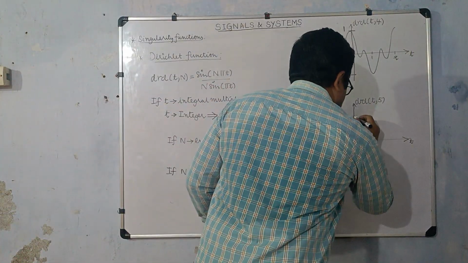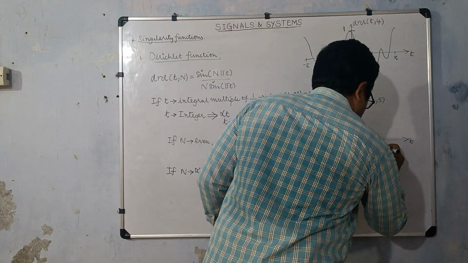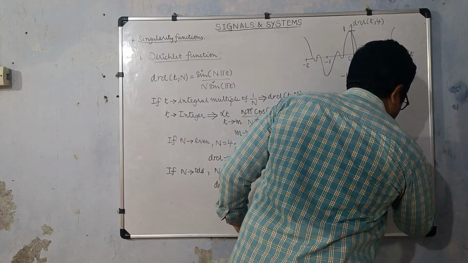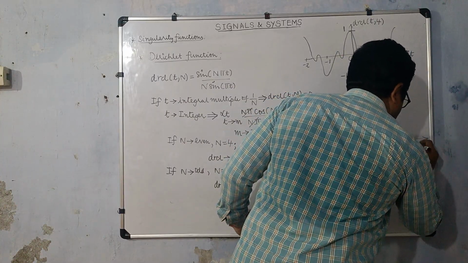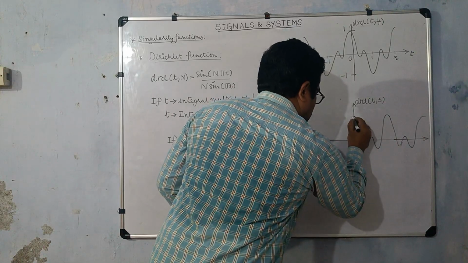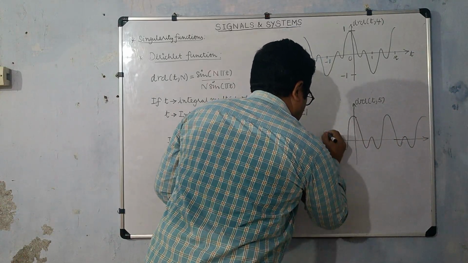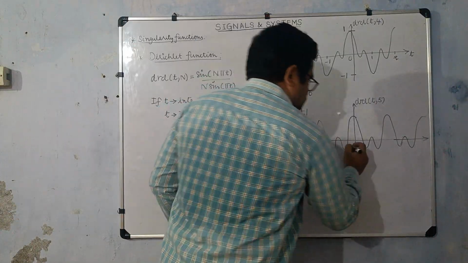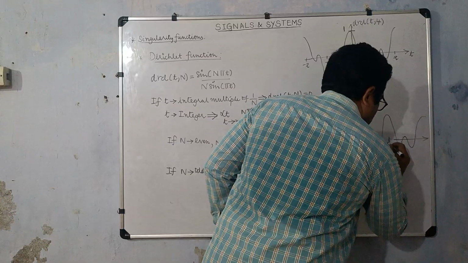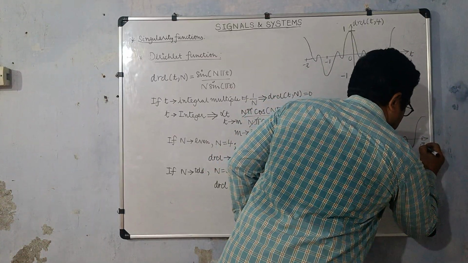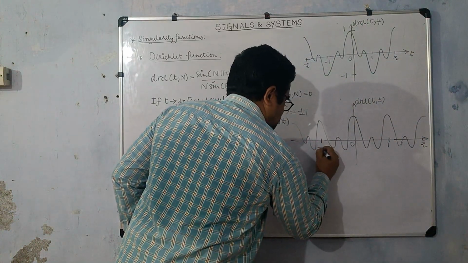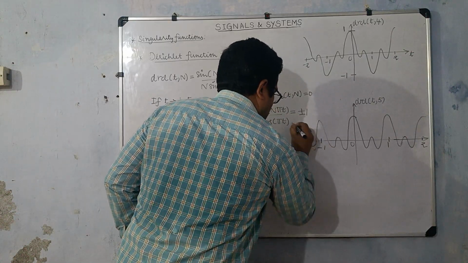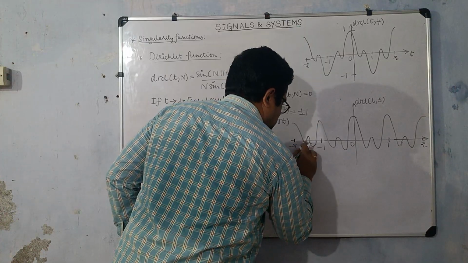I can draw it like this. It is going to take only positive values. So at 0, at 1 it is positive and equal to 1, at 2 it is equal to 1, at minus 1 it is equal to 1, and at minus 2 also it is equal to 1.